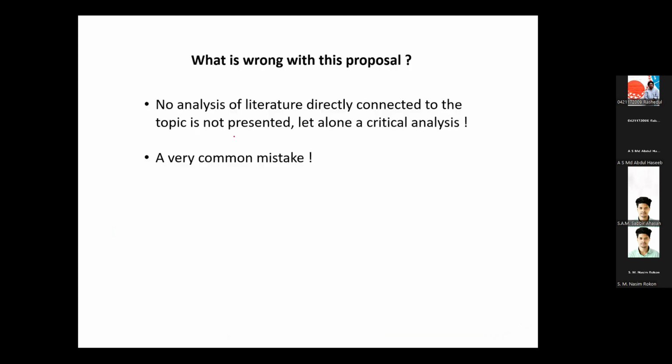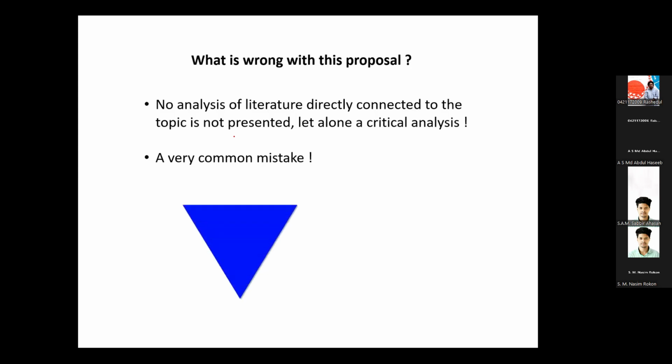I think you got the point. And this is a very, very common mistake. We all do this when we write our paper or proposal for the first time. Then we have to read, revise and reread in order to find this kind of major mistake, and then rectify it.